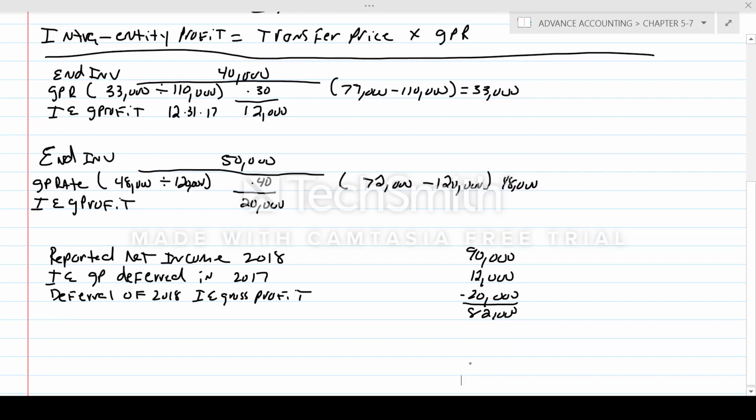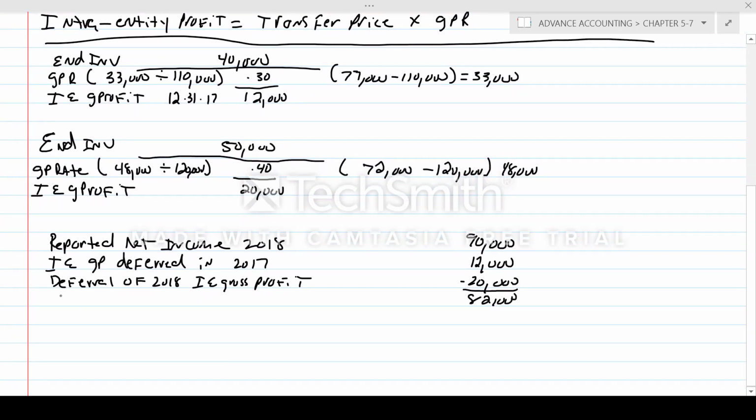That's going to give us 82,000, which is our adjusted net income of the subsidiary. So the adjusted net income of the subsidiary is 82,000.